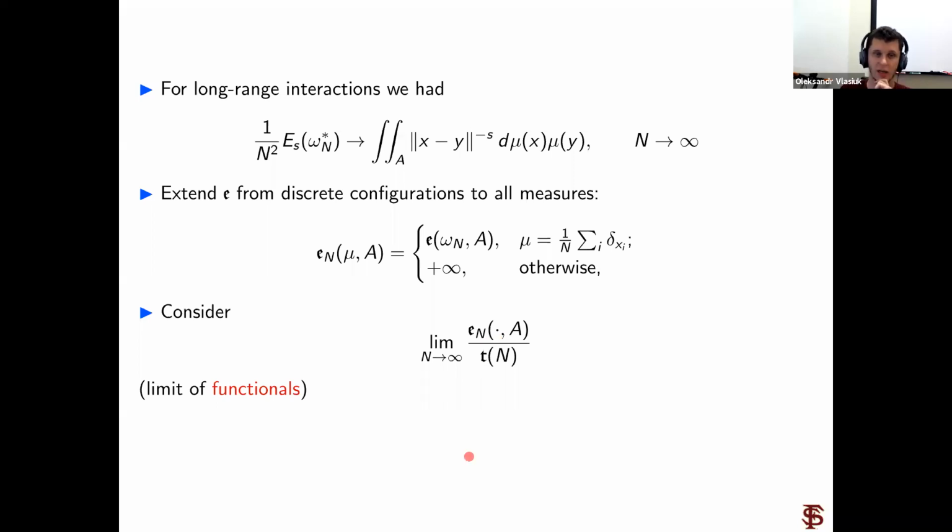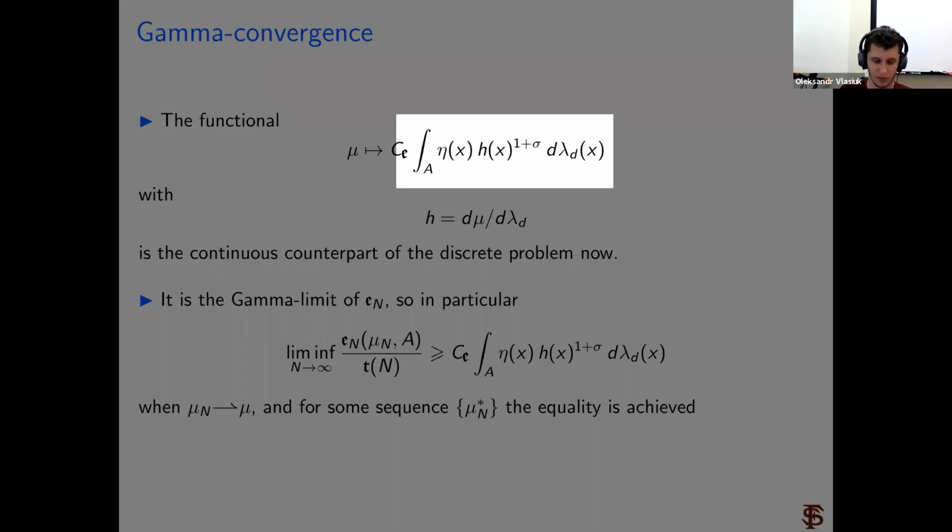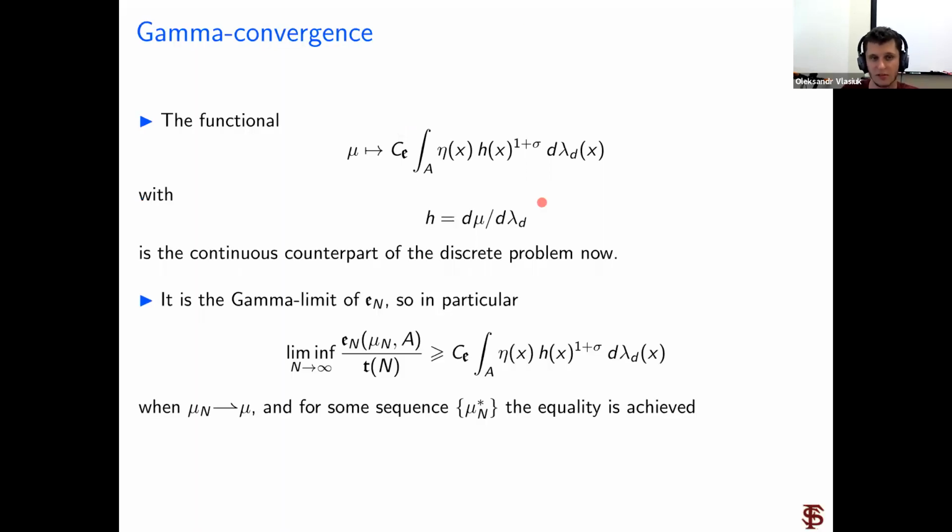So the moral of this is, you get some continuous analog of the discrete problem, right? So for the long range case, there the continuous analog was, say for the Riesz kernel, just this expression. So it was a double integral. Now for this guy, it's no longer a double integral, it's a single integral. And that's basically the reason why you can compute the limiting measure.